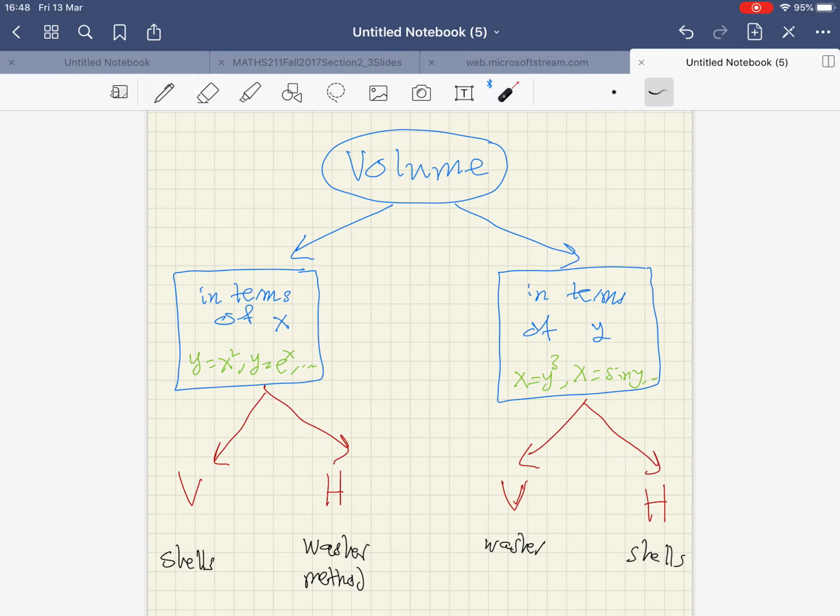If the axis of revolution is horizontal, we will use R out and R in, which we call the washer method. And again, if the function is in terms of y and the axis of revolution is vertical, use the washer. In terms of y with the axis of revolution horizontal, use the shell, which is this one.